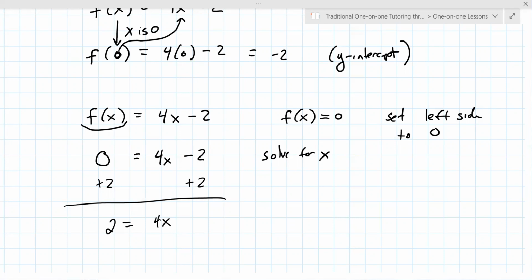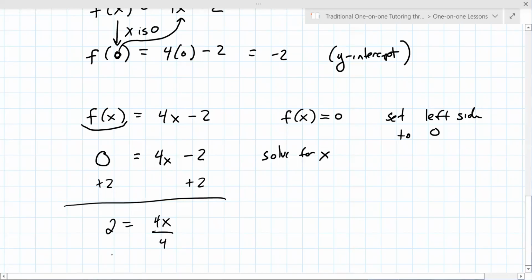Here, let me keep going on this. And then you divide the 4x by 4 on each side, right?